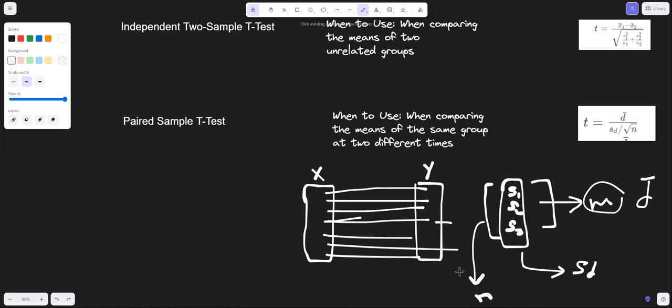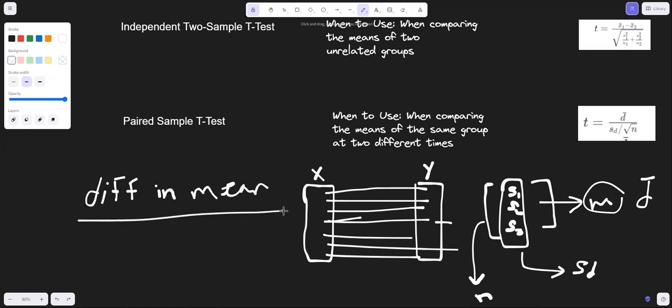Now, to understand this, in a t-test, this is a generic formula: the difference in mean divided by the standard deviation over the square root of the total number of samples.